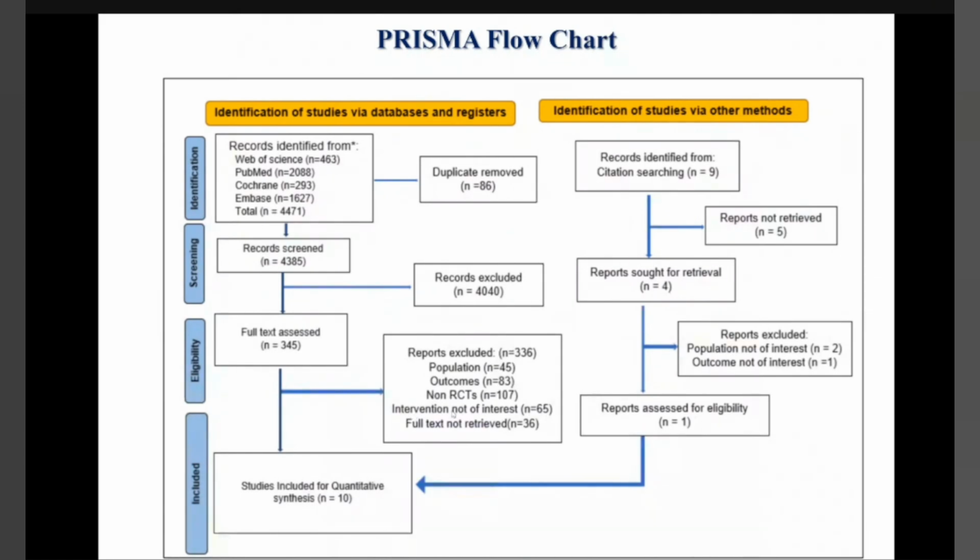And 65 were not of the interventions of interest, like we have done this for ACTH, but they have given some other interventions. Okay, this might not be given in the title or abstract, but when we read the full text, they have written that they have taken some other intervention, or they have taken combination therapy. So we need to exclude those articles.